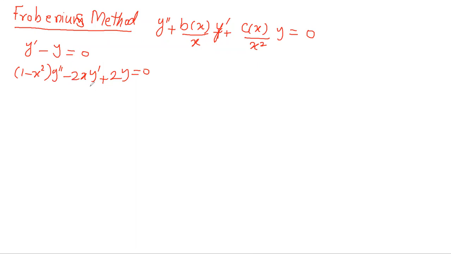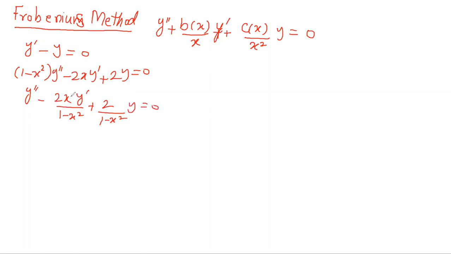In this case, if we take its standard form in which we start from y double prime, then 1 minus x square will be in the denominator. So it will be y double prime minus 2x over (1 minus x square) y prime plus 2 over (1 minus x square) y is equal to 0.